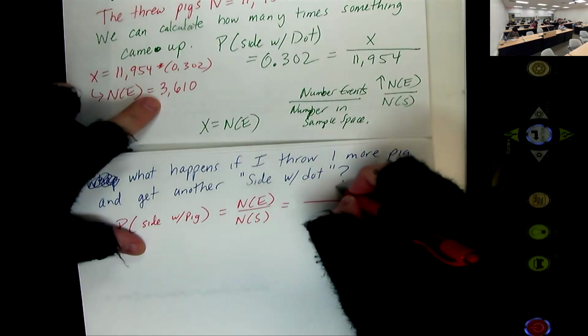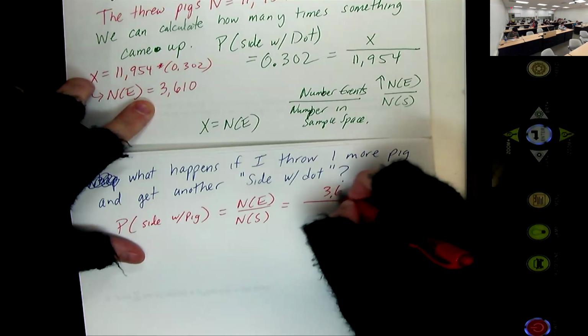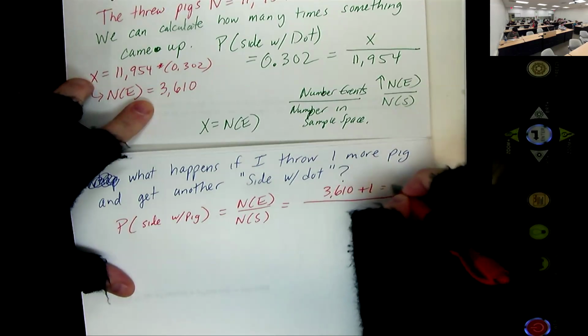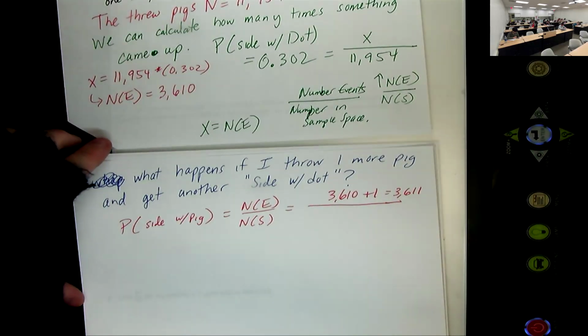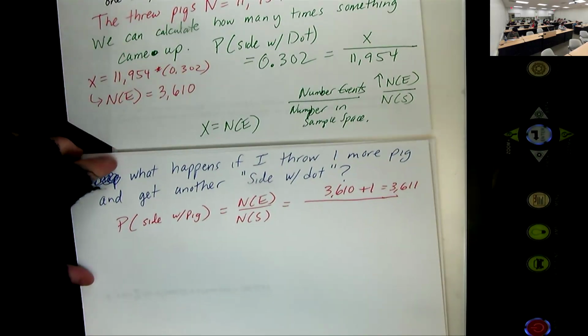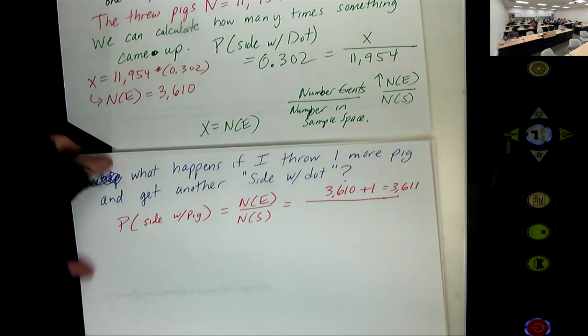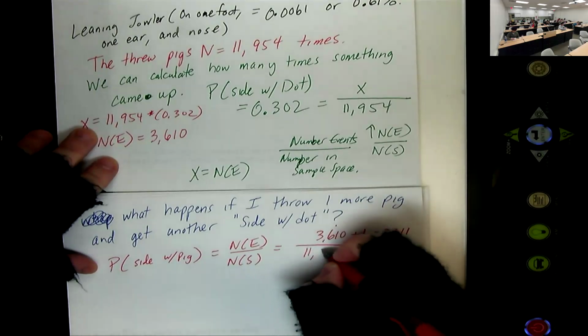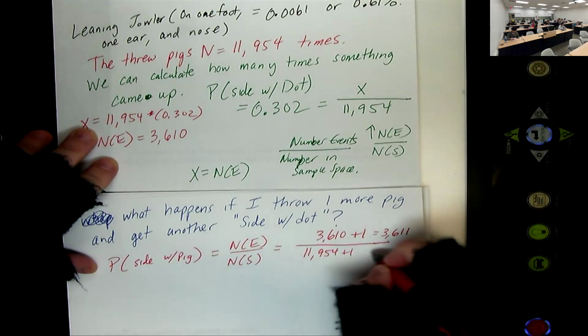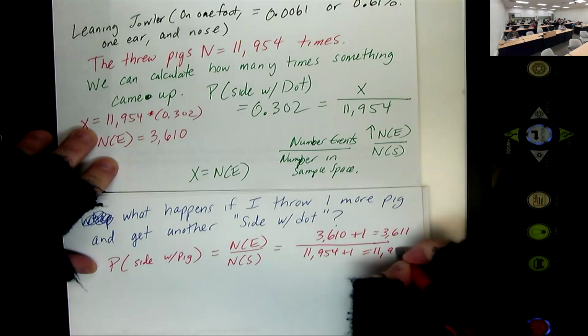It's 3,611. I just add one to this, right? What about the number in our sample space? We're gonna do the 11,954 plus 1 is 11,955.